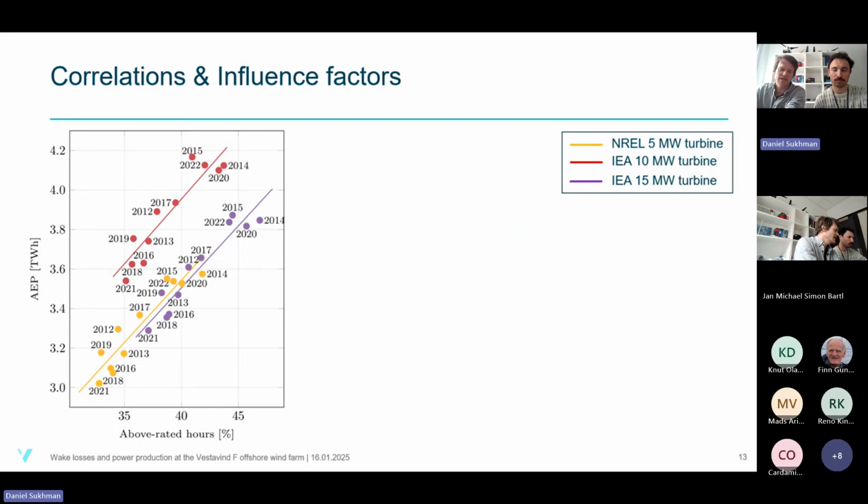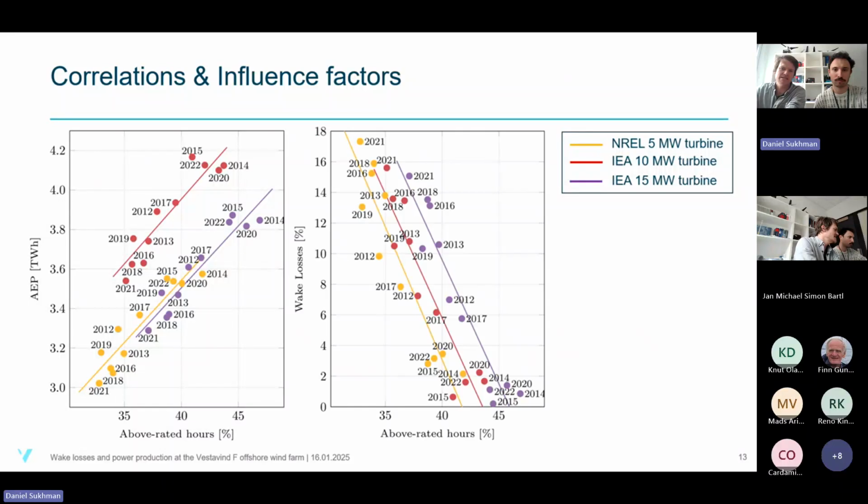The wake losses that we also calculated have an inverse relation to the above rated operation. We see a little bit of spreading here, but if we put the linear regression through those, we find those correlations, and we think they are quite significant, that we have at least an inverse relation here.